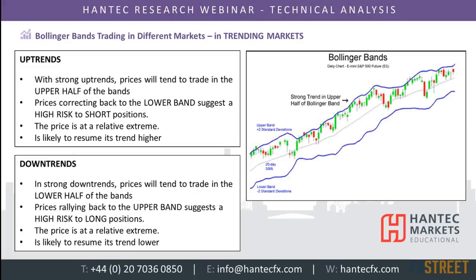So if you're trading against the trend, the risk is extremely high that the price is not going to go much lower from there. So you would be very wary of remaining short in that scenario.